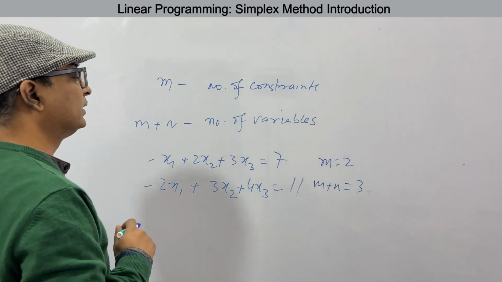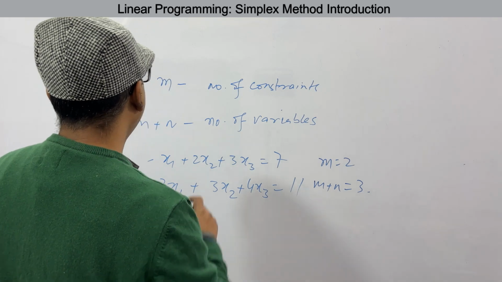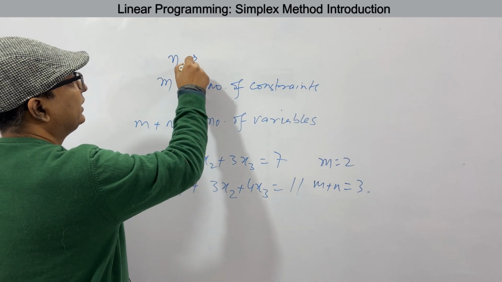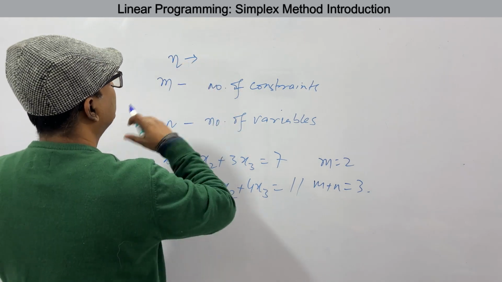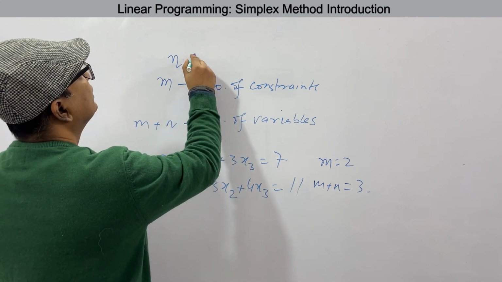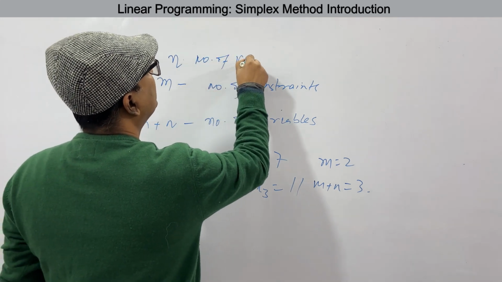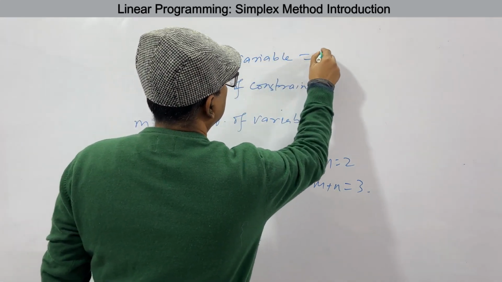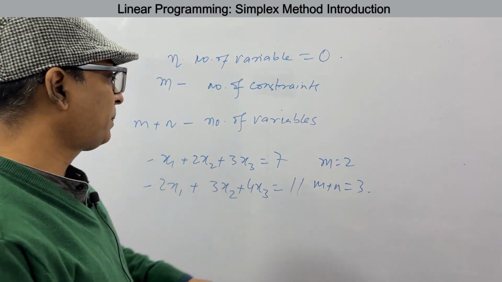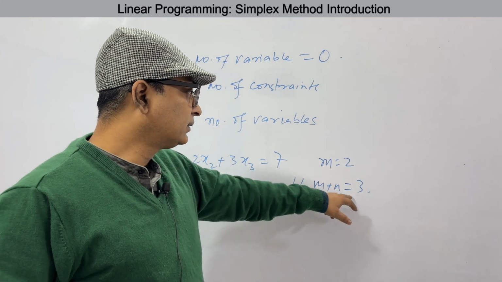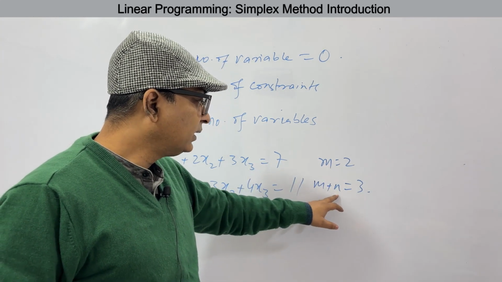Now how do we proceed? We proceed by putting n number of variables equal to 0. Here m plus n is 3 and m is 2, which means n is equal to 1.